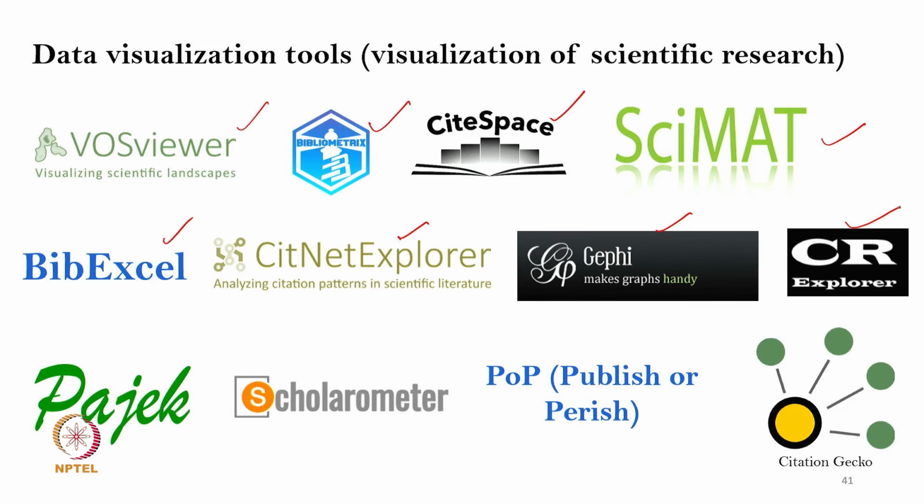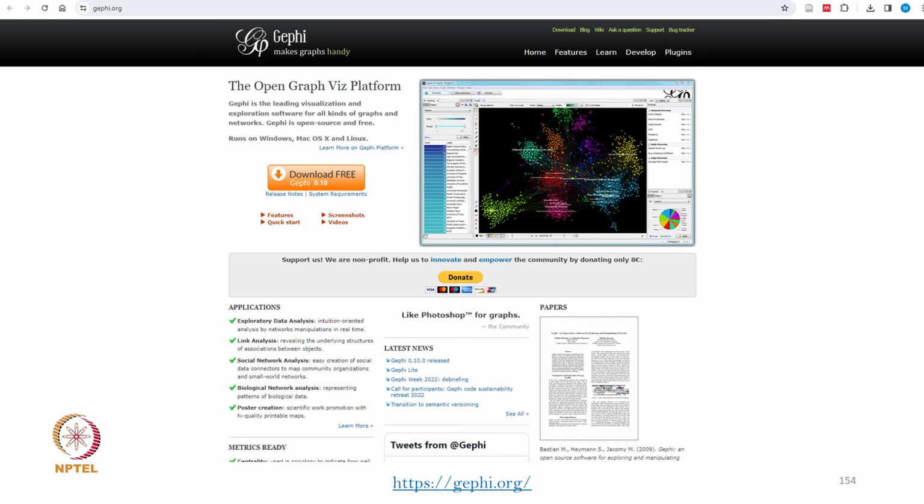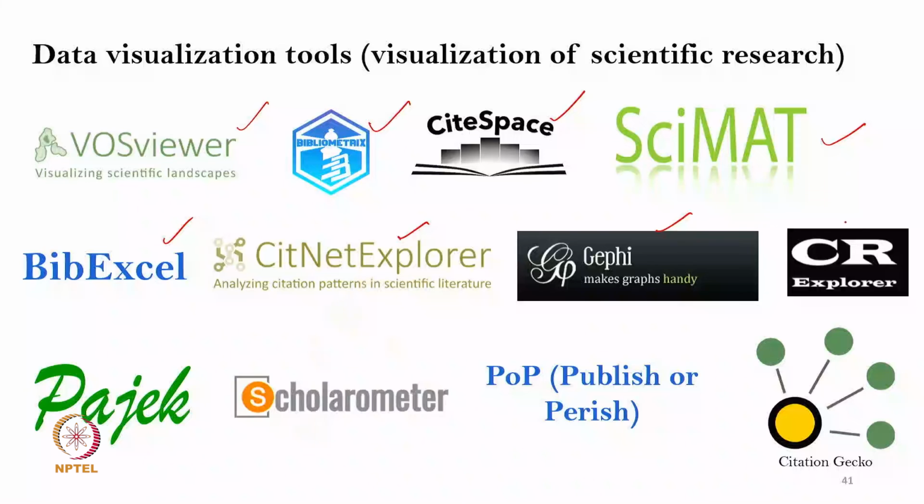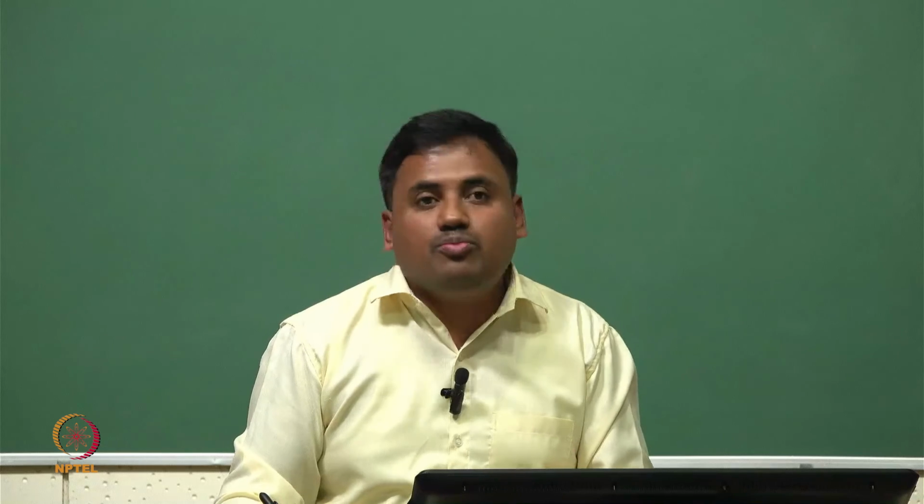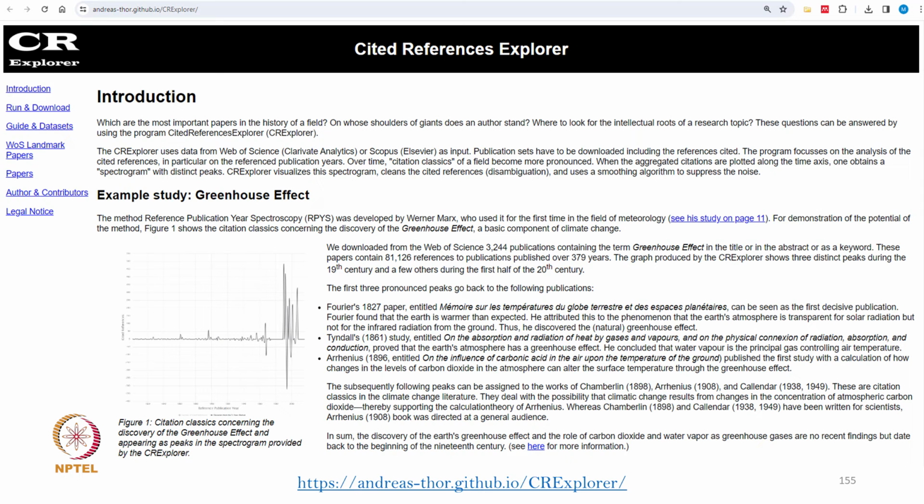Gephi is another powerful open source software for visualizing and analyzing large network graphs. There's another, CRExplorer, the Cited References Explorer. It uses data from the Web of Science as a corpus input and focuses on analyzing the cited references, in particular the referenced publication year. CRExplorer visualizes spectrograms and cleans the cited references.